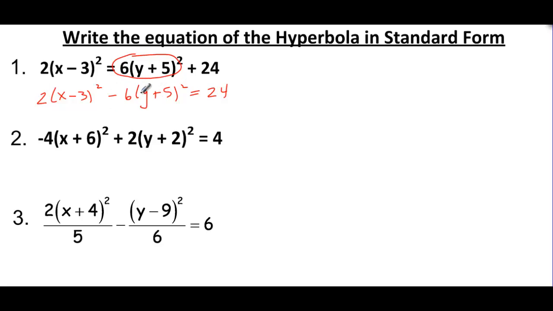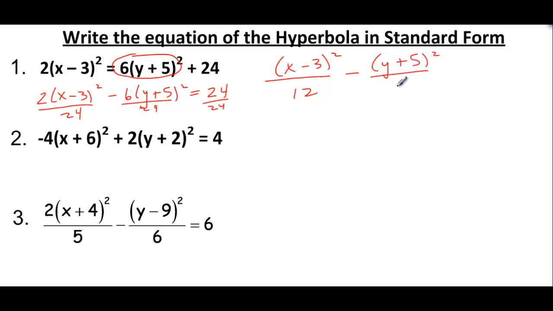But I have to remember that it has to equal 1. So my last step is to divide everything by 24. If I divide everything by 24, I'm going to get (x minus 3) quantity squared over 12 minus (y plus 5) quantity squared all over 4 equal to 1. And that's all you need to do.